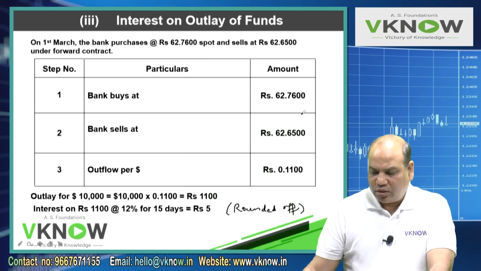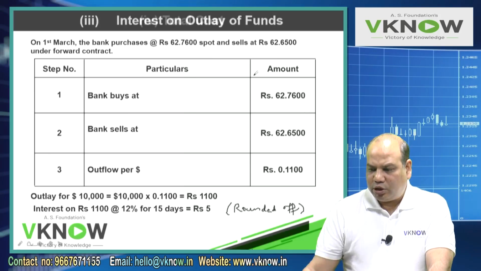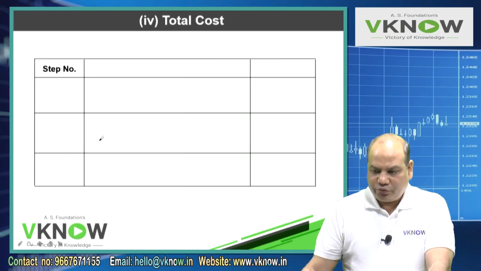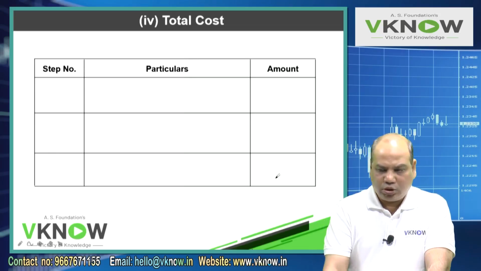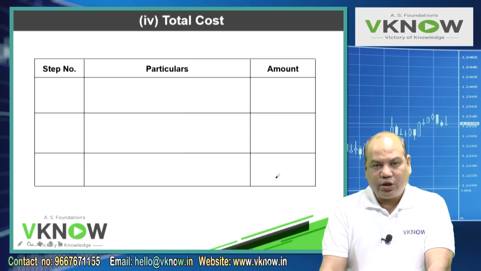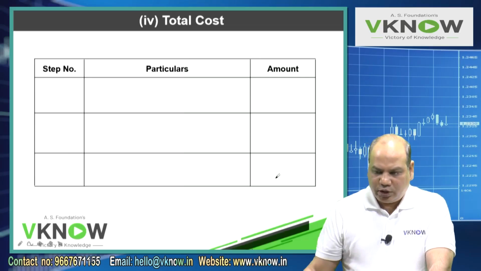So we have calculated all the three charges. The customer will be asked to pay total charges as per this table. Last working note, write down total cost. In case of late cancellation, the customer will have to incur the following cost.